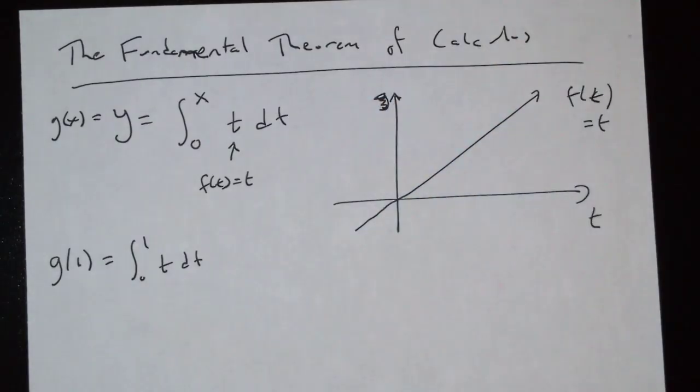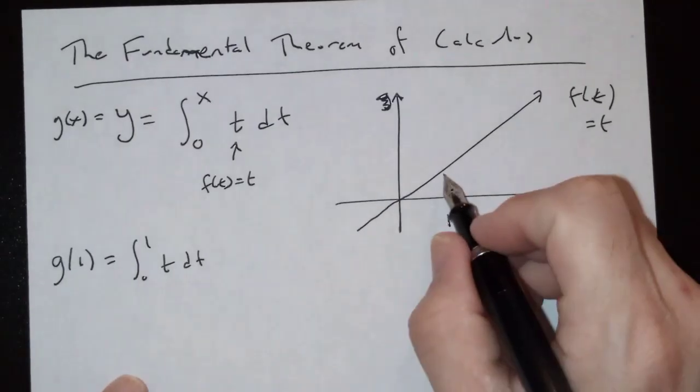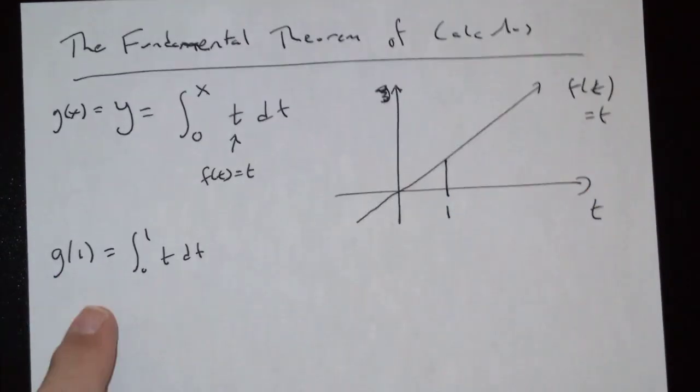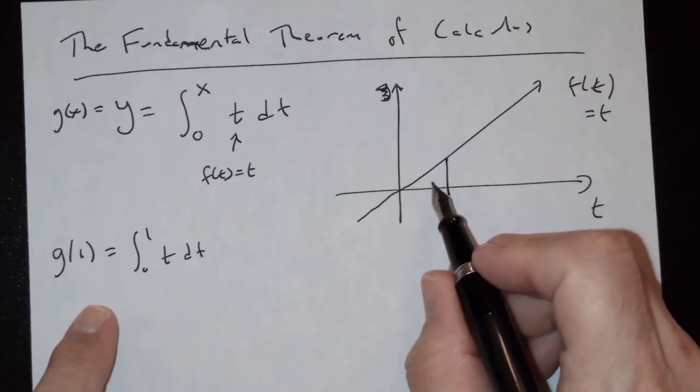What do I draw? Aha, a line at t equals 1. And then this value is the area here.